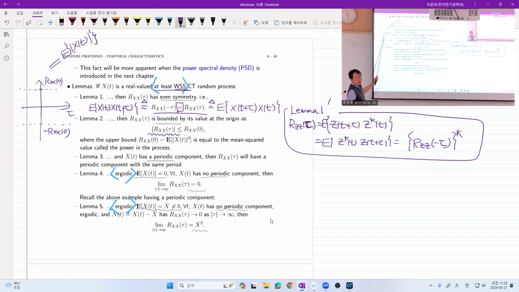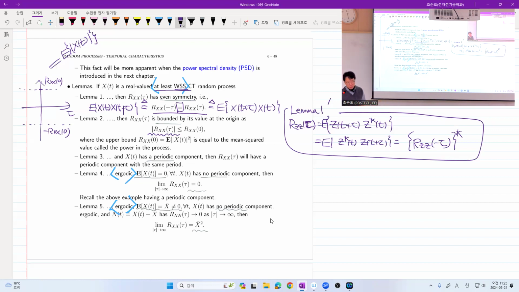Of course, you may ask whether it can be zero. But in that case, if a random variable X has expectation of absolute value squared of X equal to zero, what does that mean? X is zero almost surely, or with probability 1. So it doesn't matter. It's the zero random process.